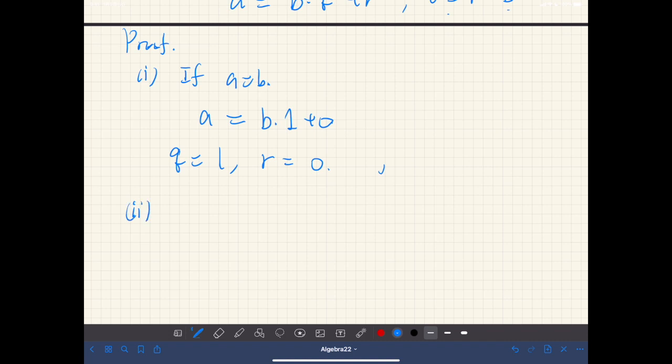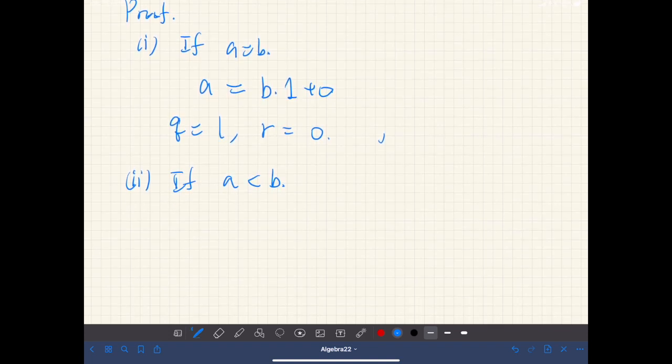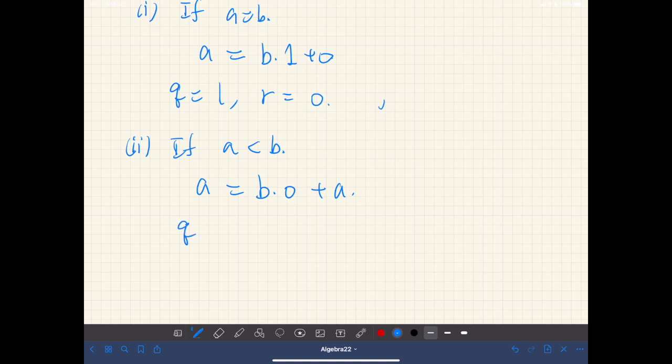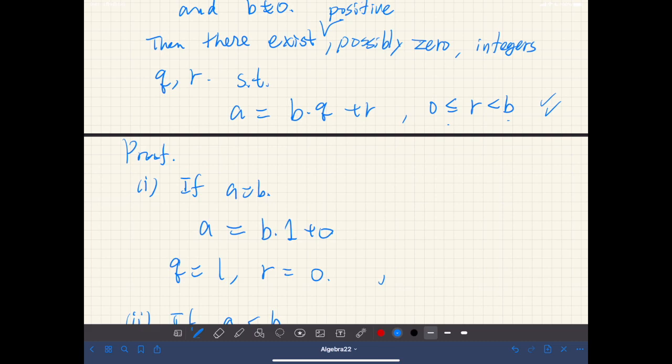And second case, if b is greater than a, if a is less than b. In this case, we have a is equal to b times 0 plus a. So we could set q equal to 0 and r equal to a. And of course, since b is greater than a, this r is less than b, right? So again, this condition is satisfied. So this is true.